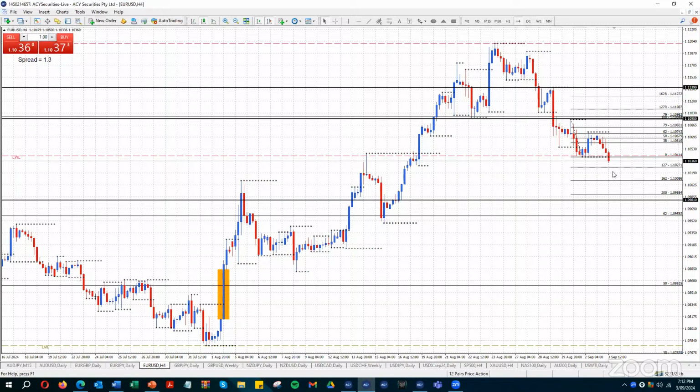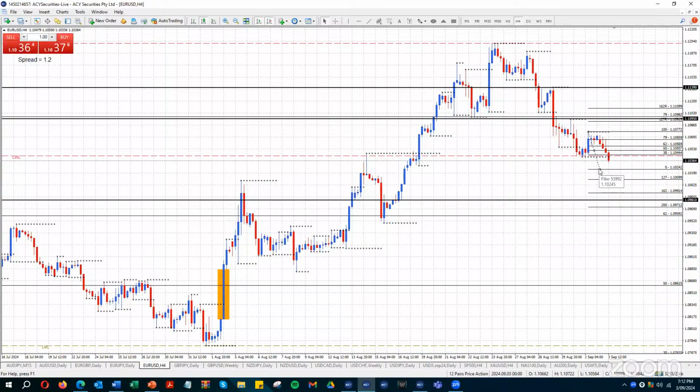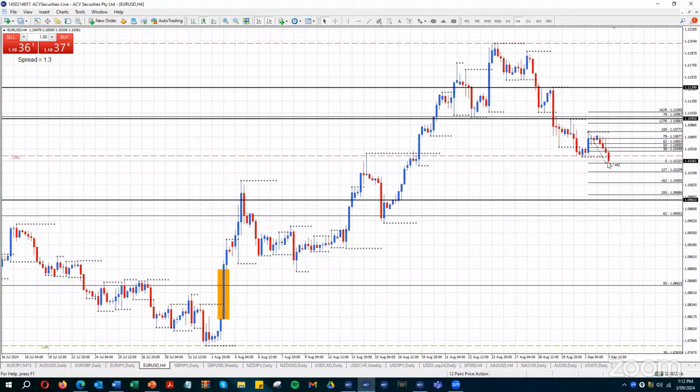We could just continue down. But I would start to be looking for this to maybe come down to the 127 extension level first of all, and then watch where it bottoms out and look for an opportunity to sell the next rally.